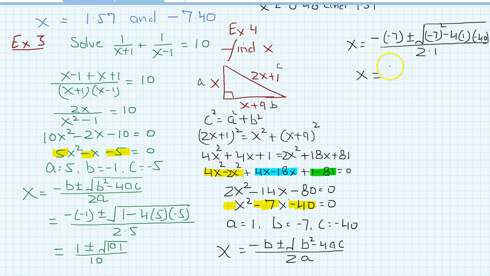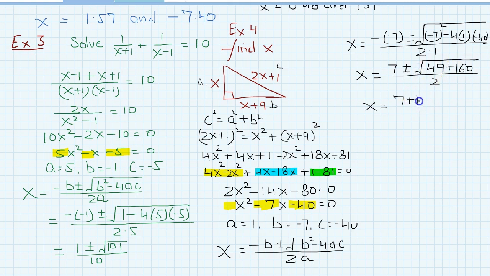So x will be 7 plus minus root 49, this will become plus 160, over 2.